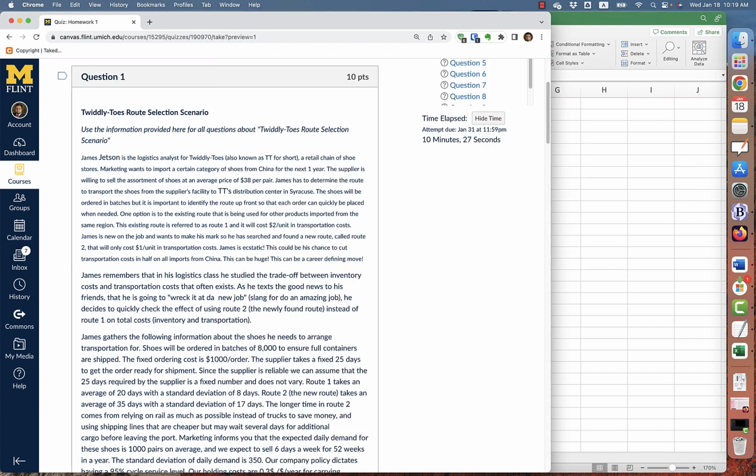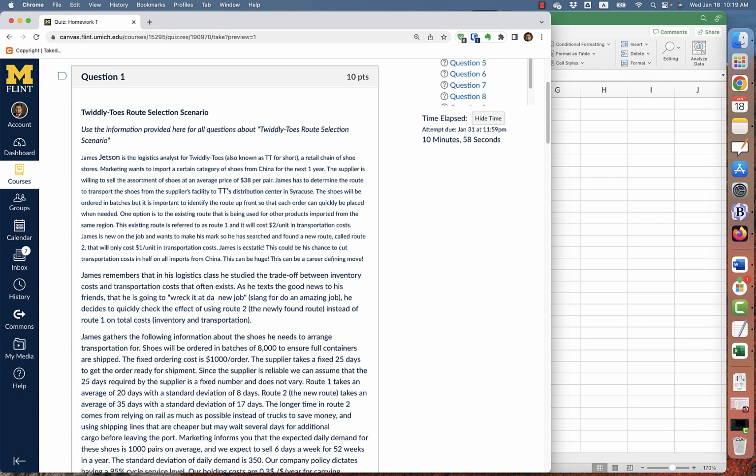So here is the scenario. We are working for Twiddly Toes. It's a shoe retailer, and we're going to import shoes from China. The shoes cost an average of this much, and we have James, who's a logistics analyst, and he's going to pick which transportation route to take from China all the way to our distribution center in Syracuse.